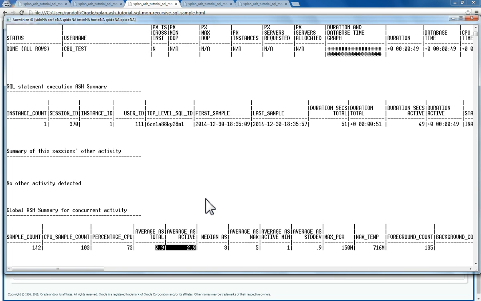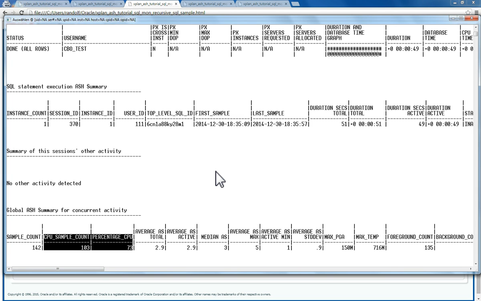So this gives you a rough indicator. Since it's an average, you have to be careful, but it tells you that on average during these 50 seconds almost 3 other sessions were running on the system, and 73% of this activity, so more than 2 sessions, were on average on CPU.